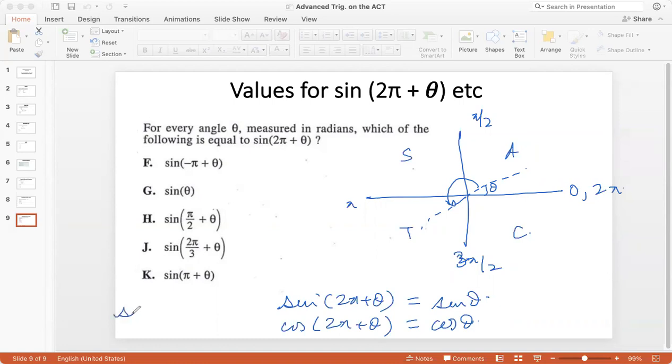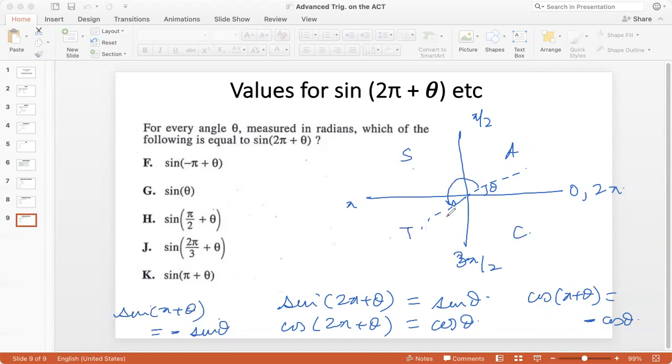So when I do sine pi plus theta, I get sine theta, but with a negative sign because in the third quadrant, sine is negative. Similarly, when I do cos pi plus theta, I get cos theta, but again with the negative sign because in the third quadrant, cos is negative.